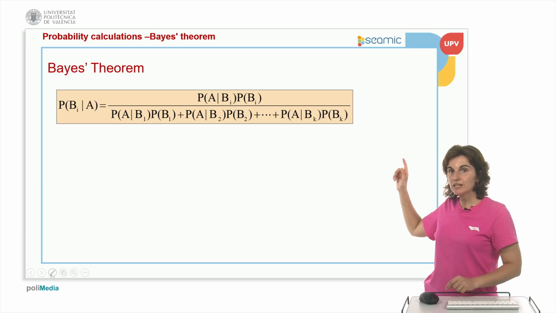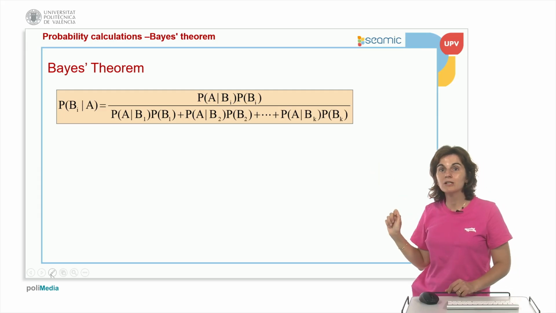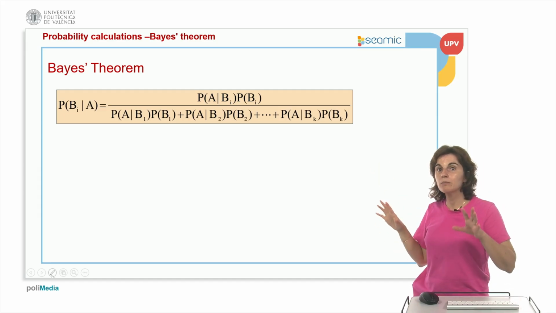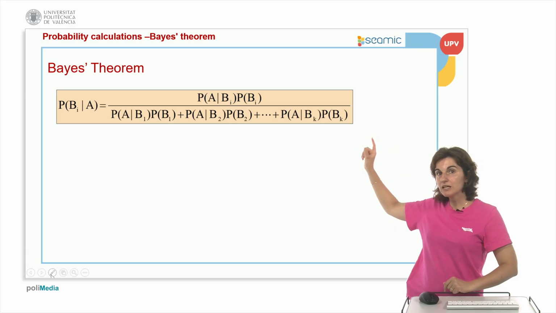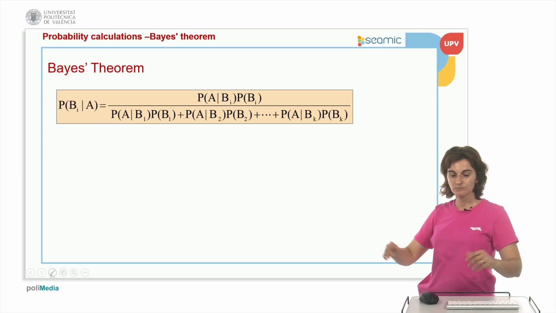You can realize that we are referring to the marginal probability of A, but in the denominator, we are developing this probability of A according to the total probability law.